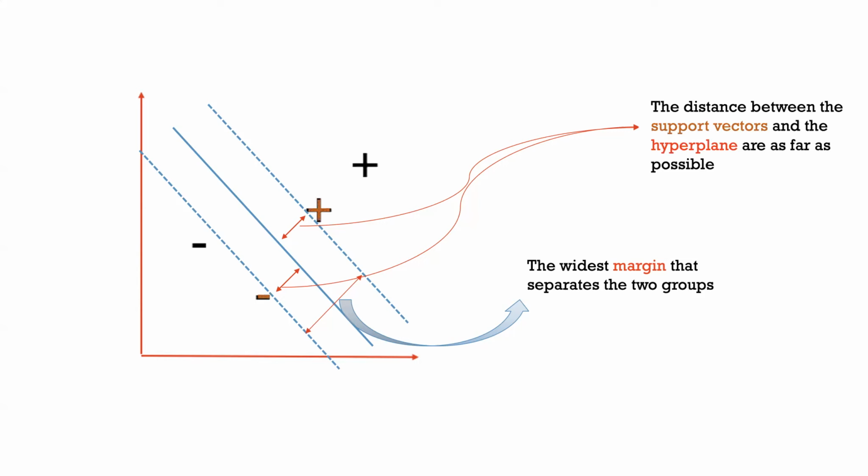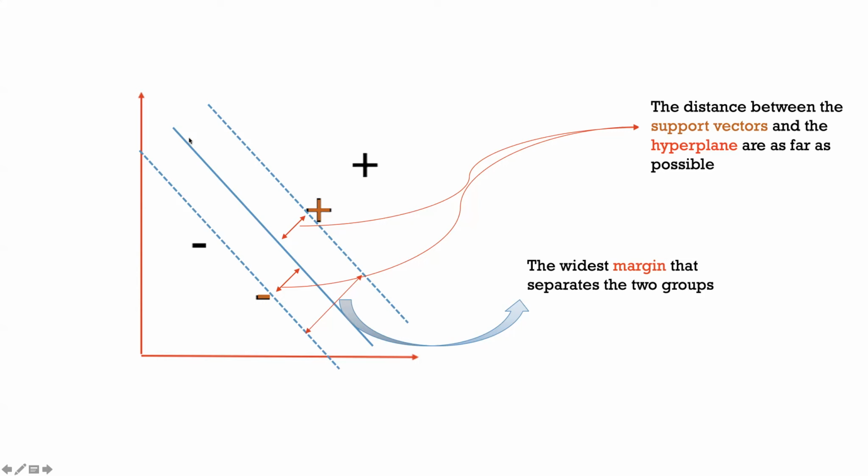Let's say these two guys are my support vectors, and the hyperplane is as far as possible. What I mean is, now we know this margin and we know our support vectors, these two guys. They can be one or more than one. For example, I may have another point here or here or anywhere around here.